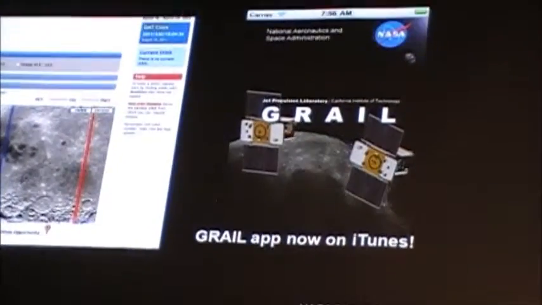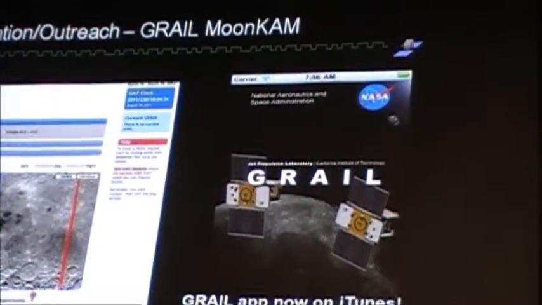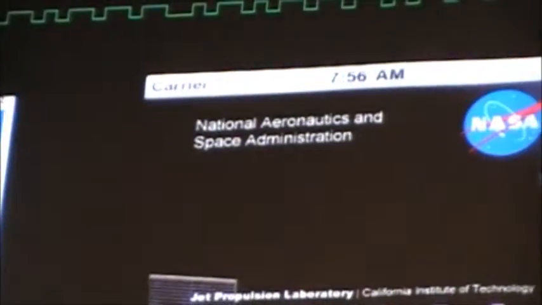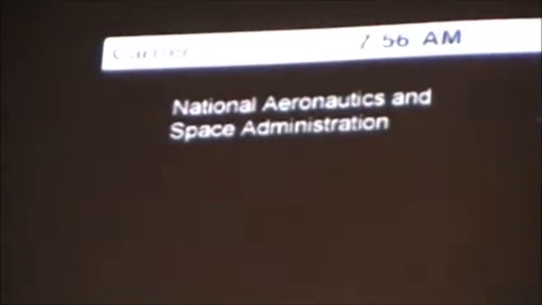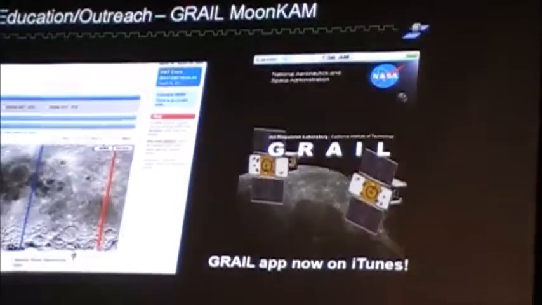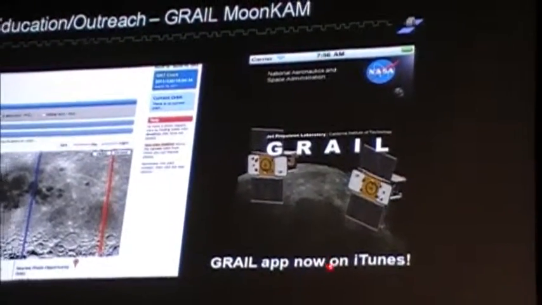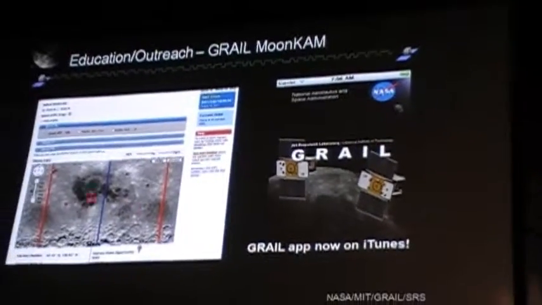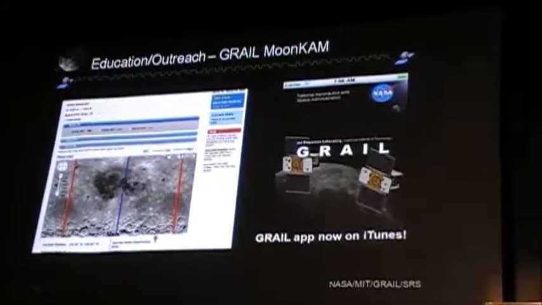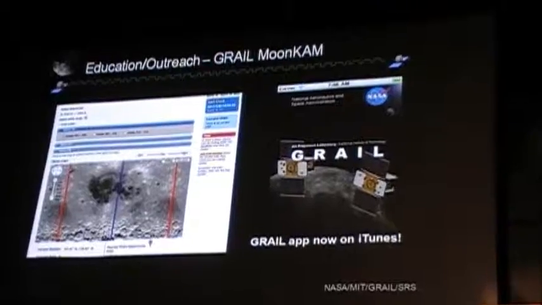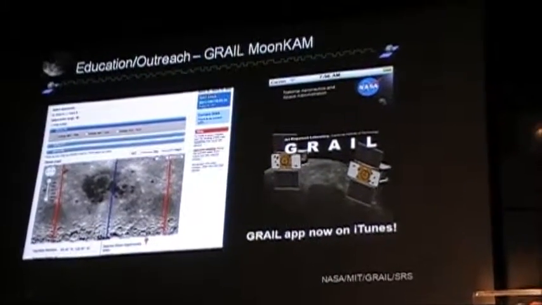It's downloadable, free on iTunes, where you can check the countdown of the mission. And once the two spacecraft get into orbit, we will load the students' MoonCam images up there so you can see them, and you will also be able to put the software on there so that at any given time you can pull out your app and see where the two spacecraft are in orbit around the moon.